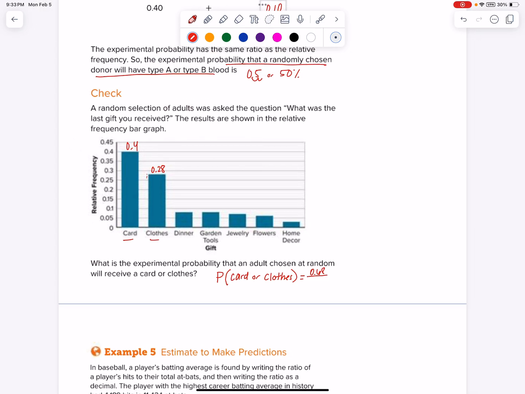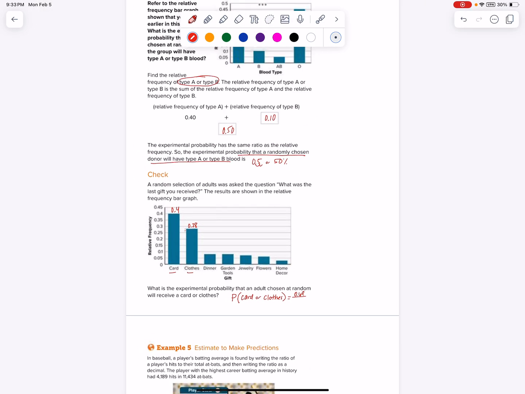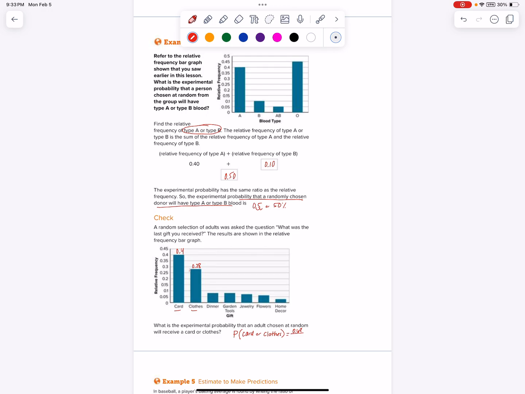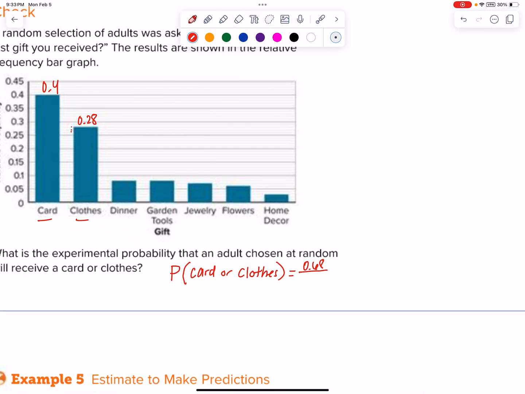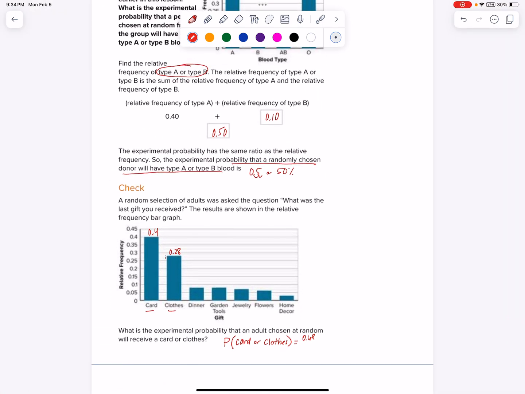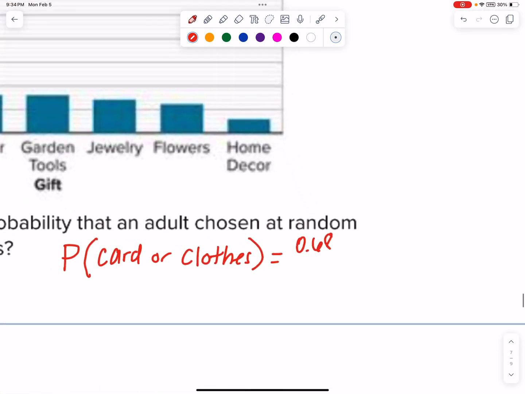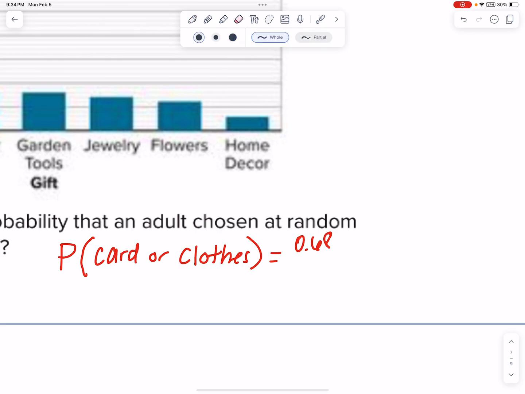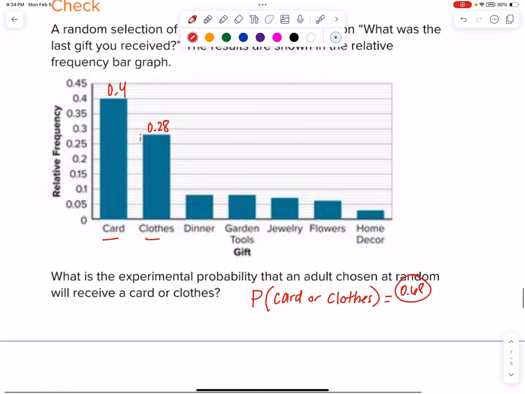and so actually, here's what's different about those. Because it's listing the relative frequency already, this is the percentage of those. So it's sort of like they already gave you this. So imagine this written differently. There's a 40% chance of getting a card. There's a 28% chance.